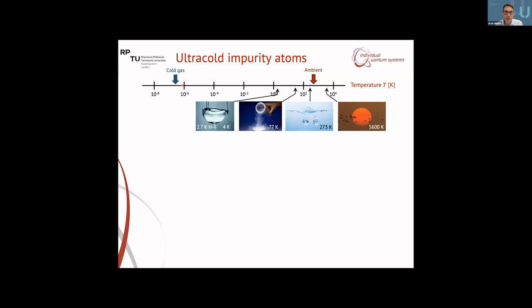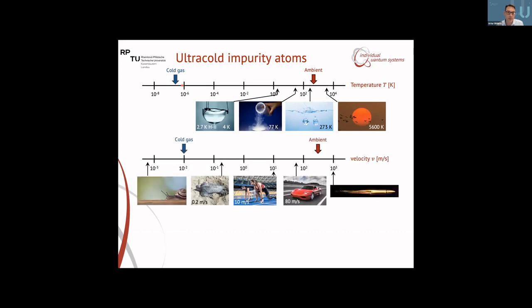So why do we do this? One answer to that is we want to make atoms slow. So let's compare the mean particle velocities at these temperatures with velocities of ambient air. If we could pick out a molecule from our ambient air, its velocity would be somewhere between a bullet and a race car.